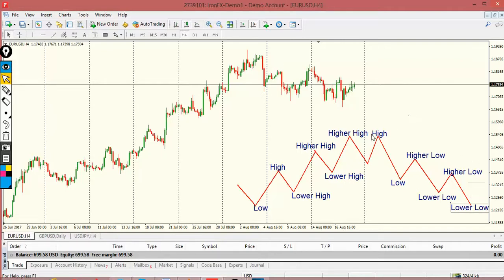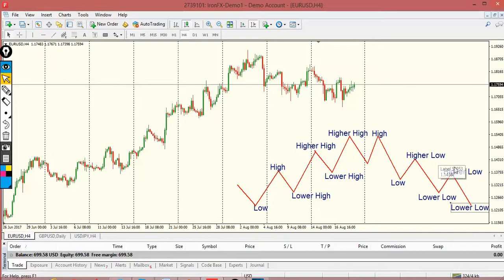And so we start our downtrend from here. We have a high, then we make a low here, we made a low here, went up to this point, then it becomes what we call a high. From this point to this point, we call it a higher low. Then from this point down to this point, we call it a lower low.